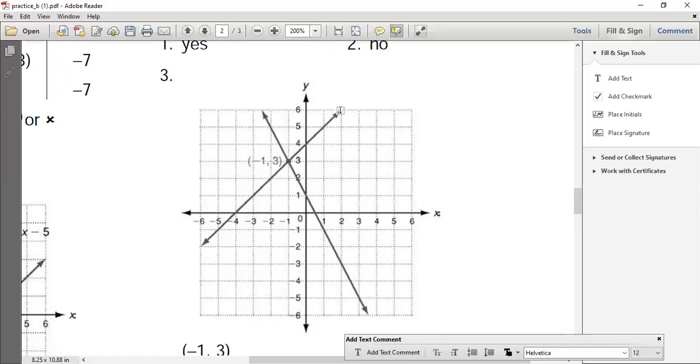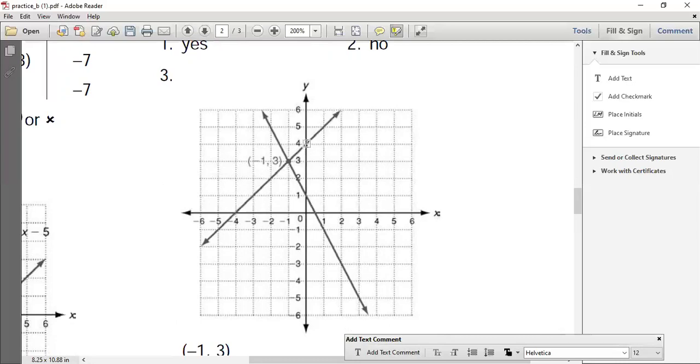So from this point, we go 1 up, 1 to the right, 1 up, 1 to the right. Now this is only the graph which is given for us. To get more points, we have to follow the opposite. As given for the slope, 1 up, 1 to the right, we can do it until the end of the graph, but it's better we have some more points.